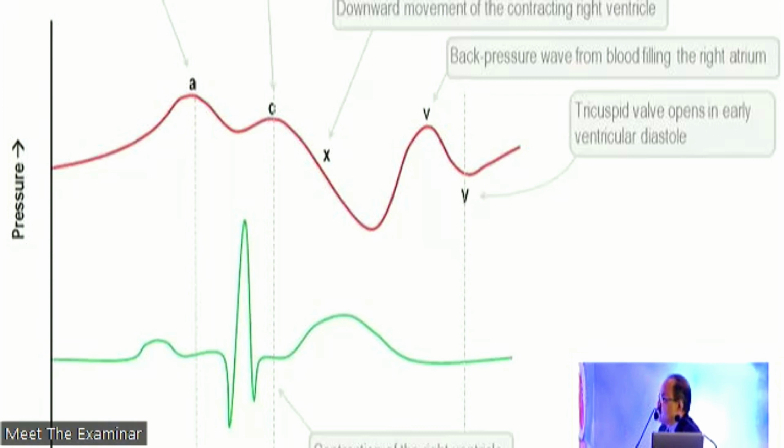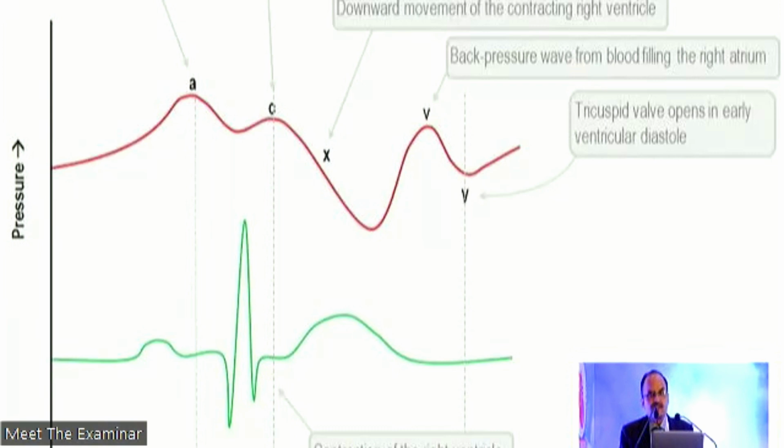Soon after the atrial contraction, the ventricle starts to contract, and during the phase of isovolumetric contraction of the right ventricle, there is a bulging of the AV area into the RA, and that causes the C bump, as we know.